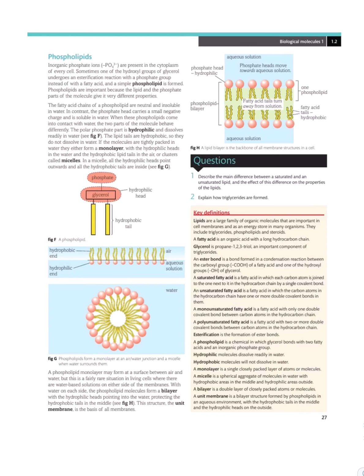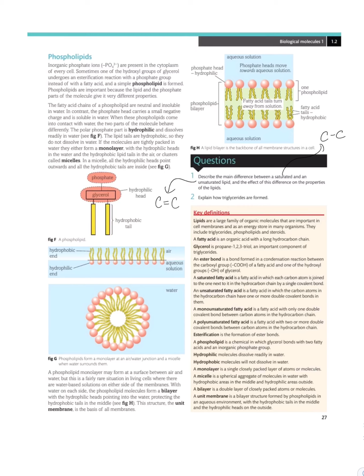Okay, so saturated, we said they contain fatty acids that have only single bonds throughout the carbon atoms in the chain. So you've got only single bonds. An unsaturated lipid is when the fatty acid chain has one or more double carbon bonds within the chain.